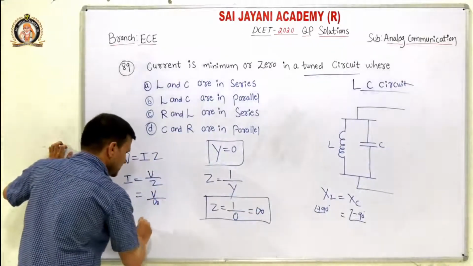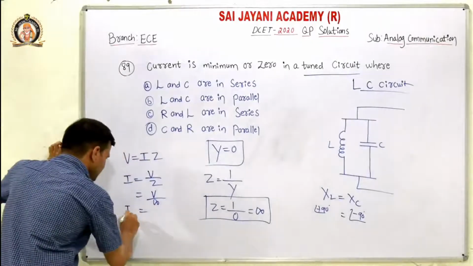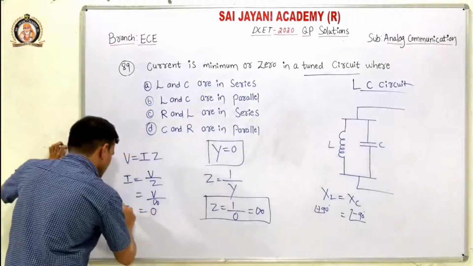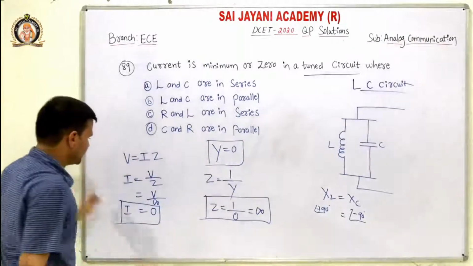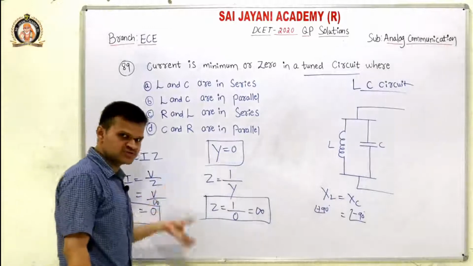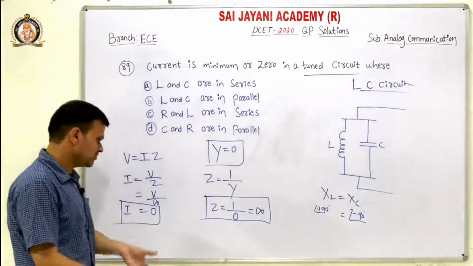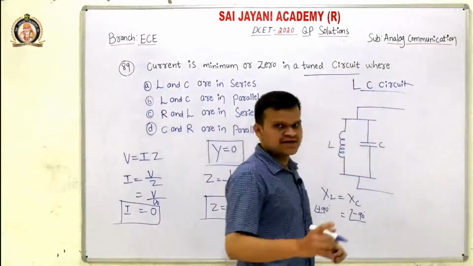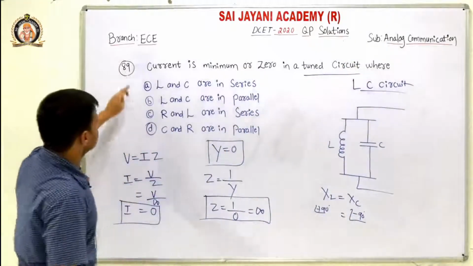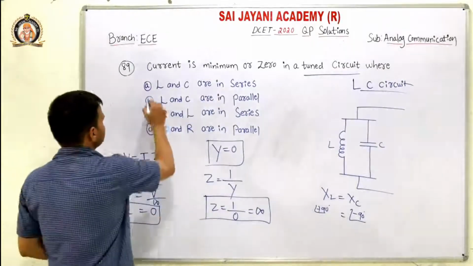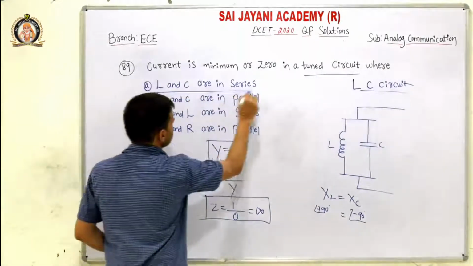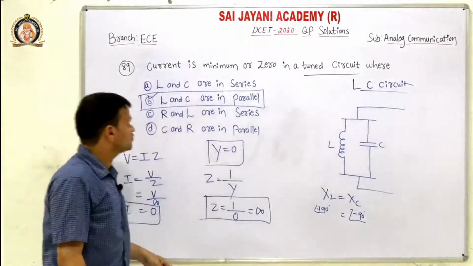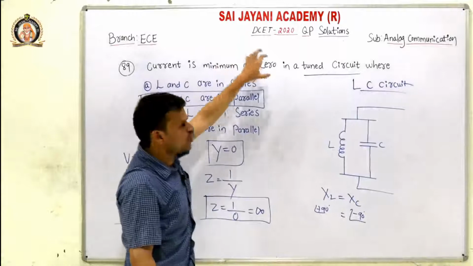So V divided by infinity, anything divided by infinity, we will get 0 only. So the current becomes equal to 0, or it can be a minimum value when the L and C are connected in parallel. So for question number 89, option B, that is L and C are in parallel. When L and C are in parallel, then only current will be minimum or 0.